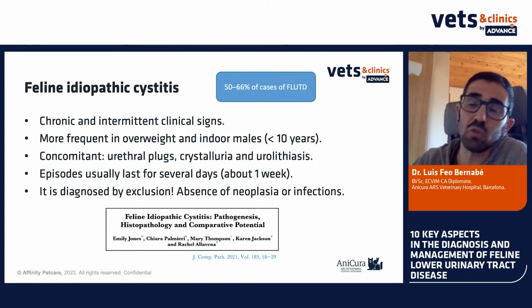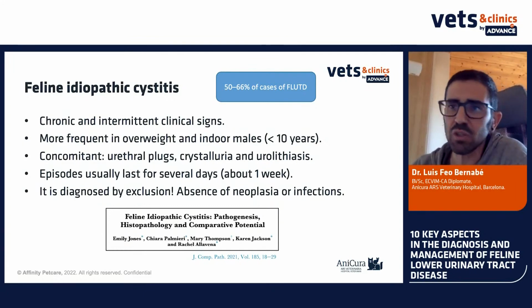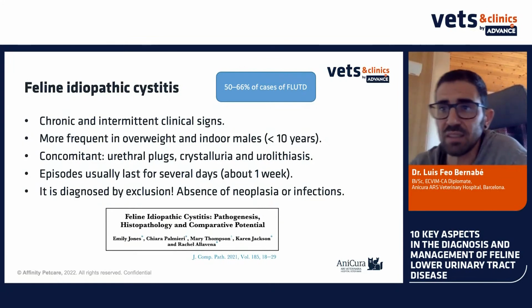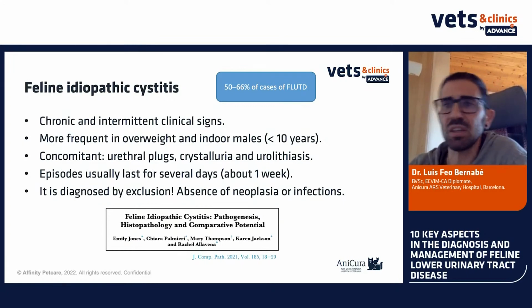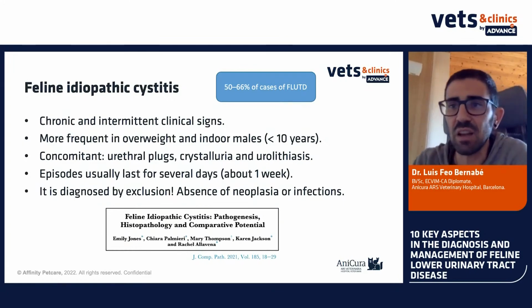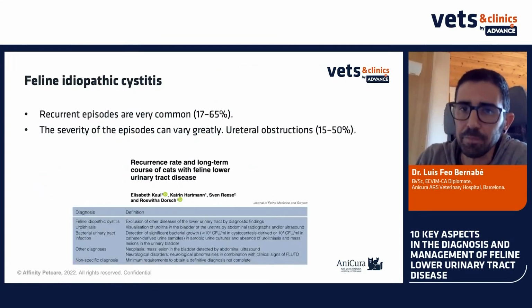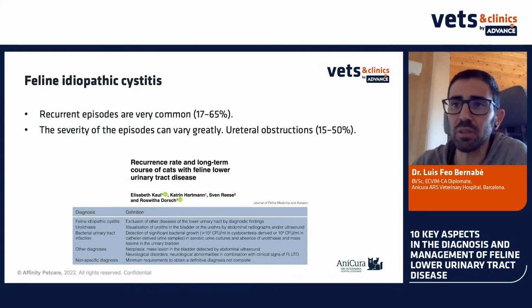You need to rule out infections, neoplasia, or other diagnoses like urolithiasis as well. So the only way to diagnose this patient is to perform the tests that we mentioned before. It's also important to remember that it's quite common for them to have recurrent episodes.